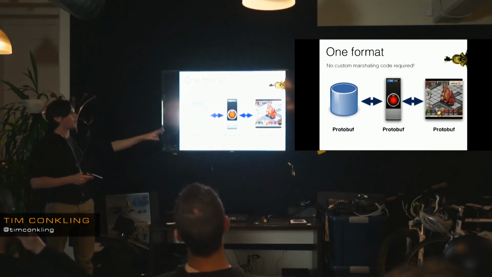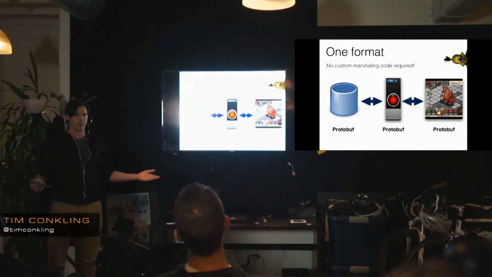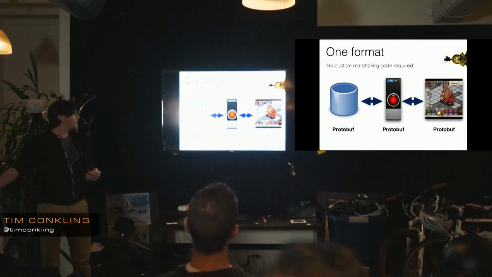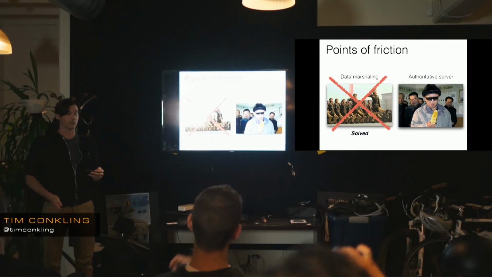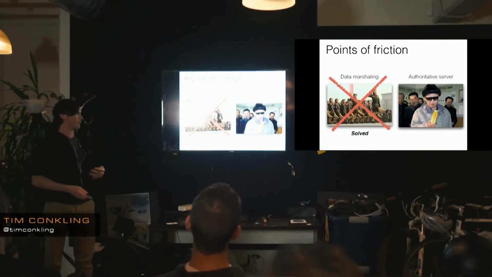Protobuf you can use on the client and the server, but you can also just write it to disk, and then the files on disk become your database. And there's no custom marshaling. So this takes care of the data marshaling point of friction.